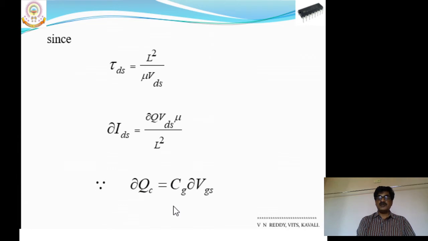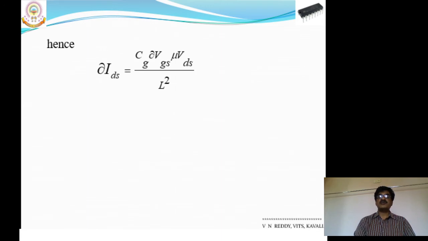Now substitute this equation in the above equation, so that dou IDS equals Cg dou VGS mu VDS divided by L square. Now you know dou IDS by dou VGS is the GM, right?